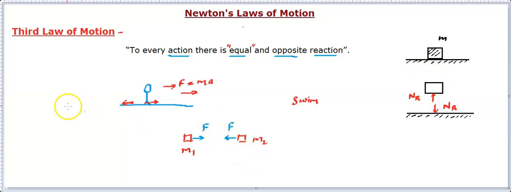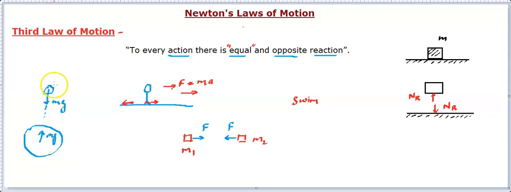Or simply we can say gravity pulls an object by mg. Then the object also pulls the earth by the same force mg. So they are being pulled by each other. But the object goes downward simply because of inertia, and the earth has a high inertia, hence the earth is not moving upward.